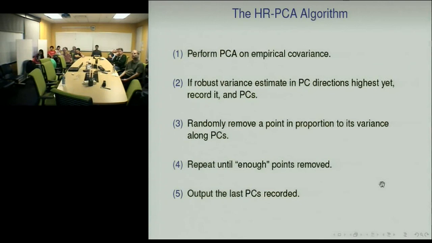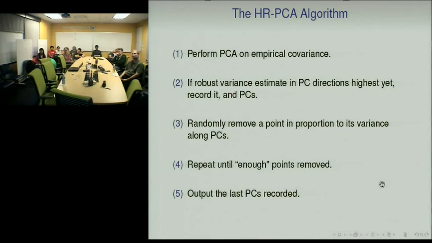Then you randomly remove a point with probability proportional to the variance along the principal component. So you compute how much every point contributes to the variance, and you randomly throw away a point. I'll explain why randomly later. Then you repeat until you have removed enough points, and enough will be explained later, and then you output the last principal components that you recorded.